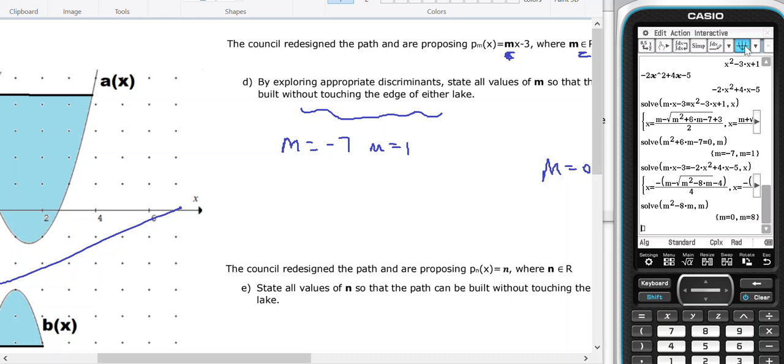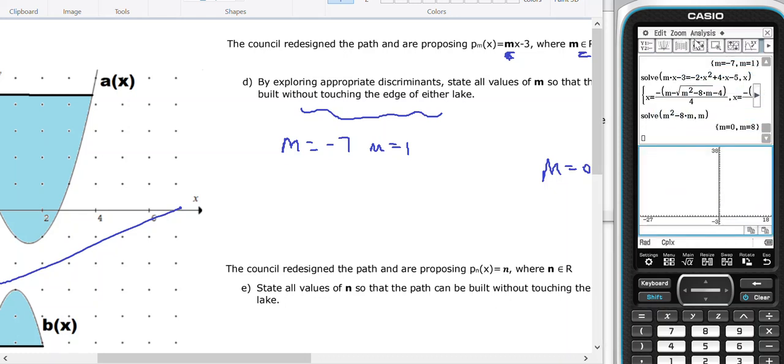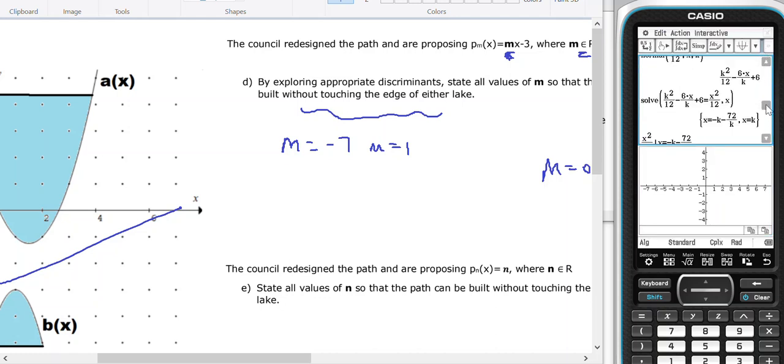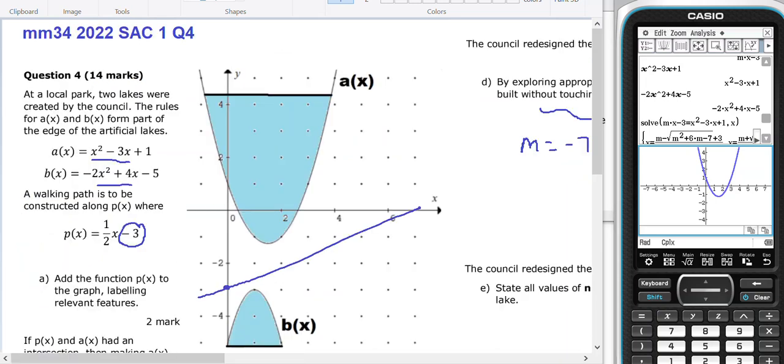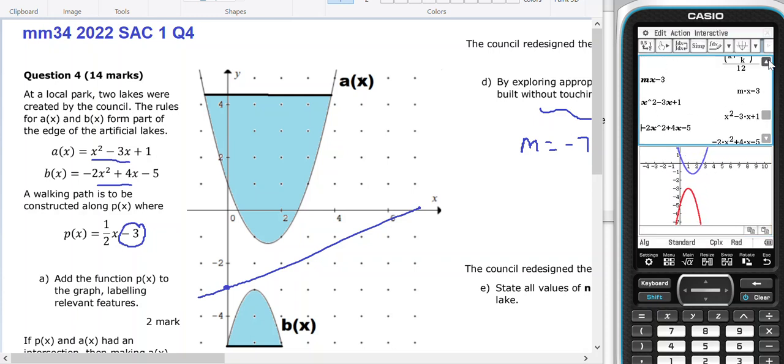So now I know my values of m. What I might like to do is to graph it all. So if I go edit clear all, okay, and pick up my lake, and pick up my other lake, and I've got my straight line, which is here.